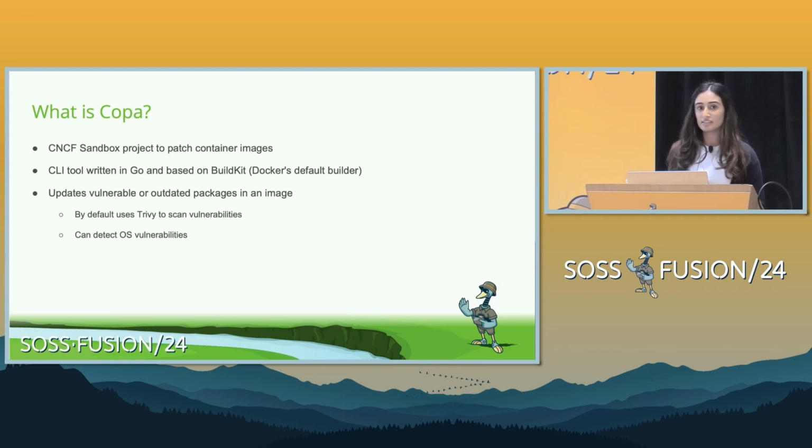And by default, it does this using Trivy. So Trivy is an open source container image scanner, and it'll output CVE information about an image. So Copa will take in this information and target those vulnerabilities. Or you can omit this information, and then Copa will update all the packages to the most recent available version.